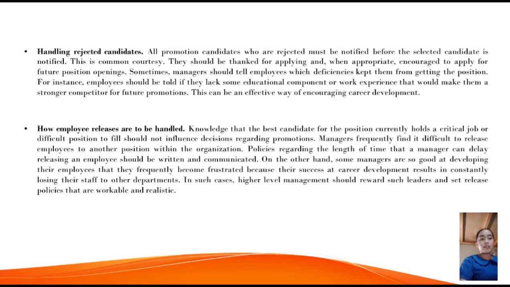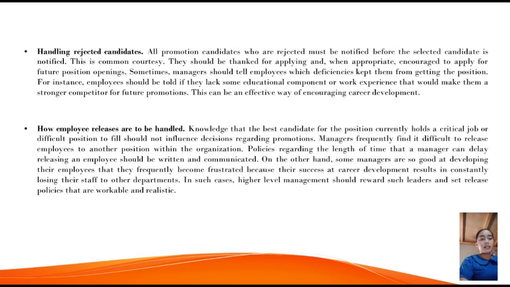Sometimes managers should tell employees which deficiencies keep them from getting the position. For instance, employees should be told if they lack some educational component or work experience that would make them a stronger competitor for future promotions. This can be an effective way of encouraging career development.